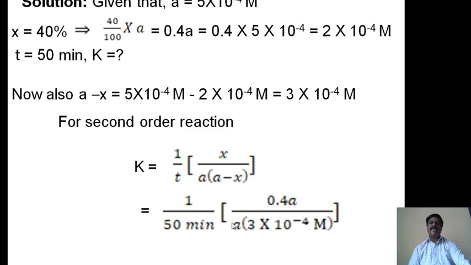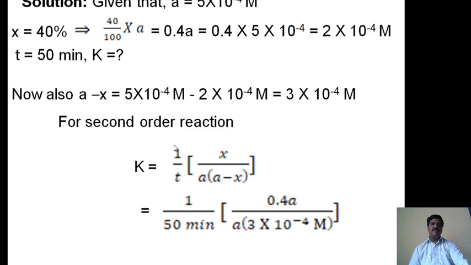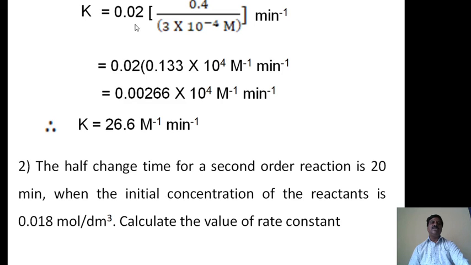Therefore the a gets cancelled. After simplifying, 1 divided by 50 becomes 0.02, and therefore 0.4 divided by 3 into 10 raised to minus 4 mole per minute.